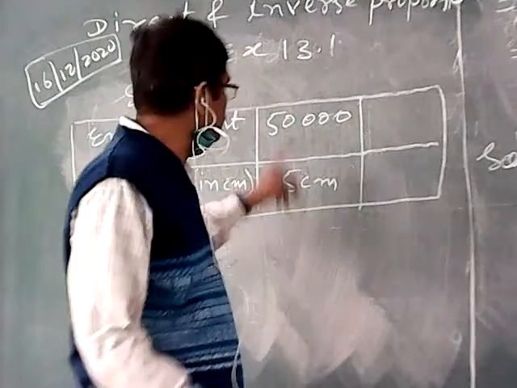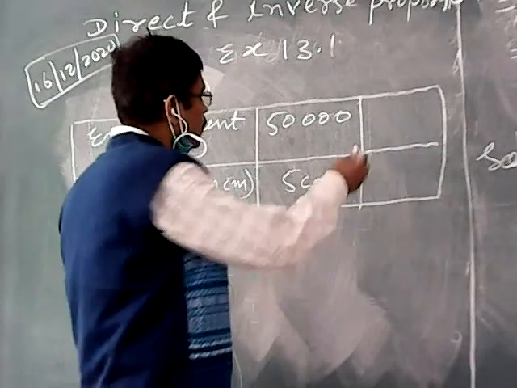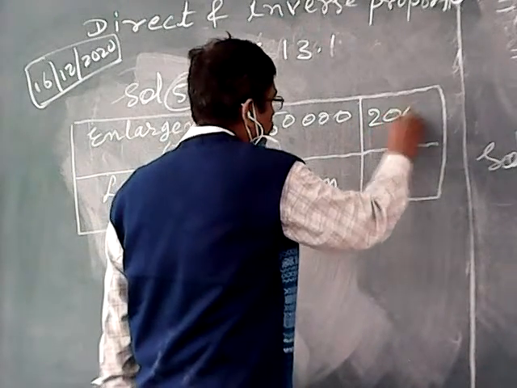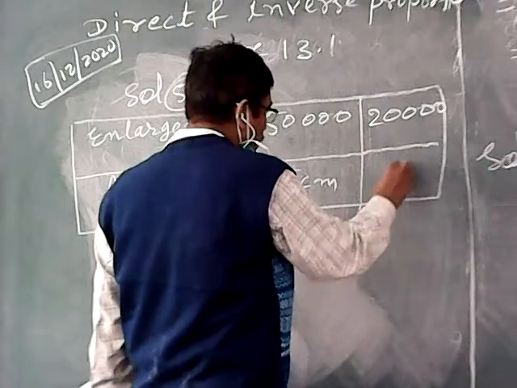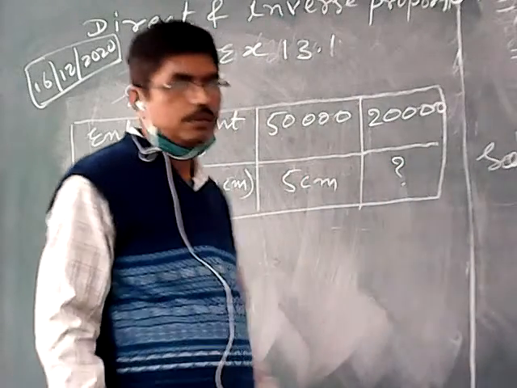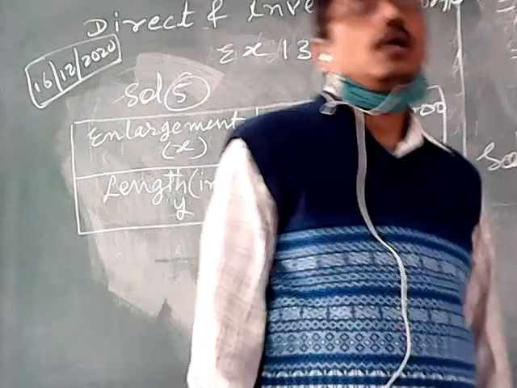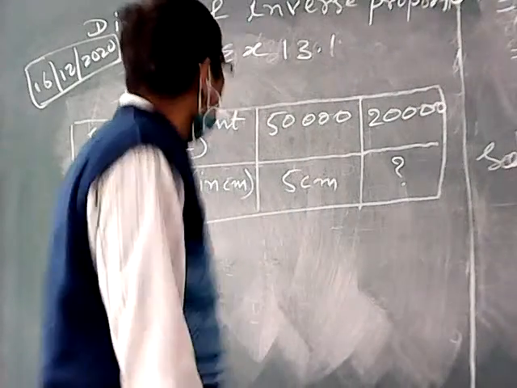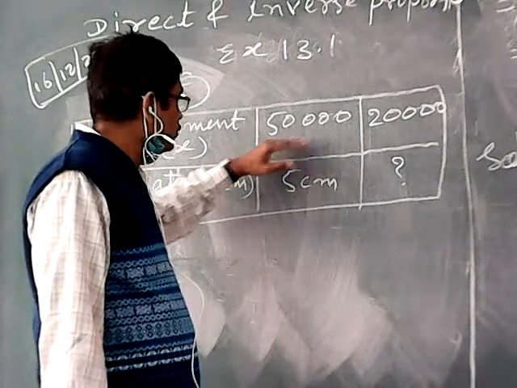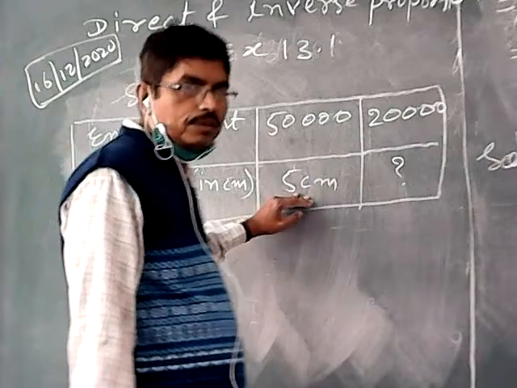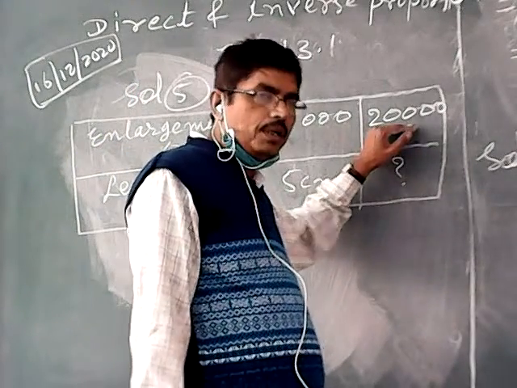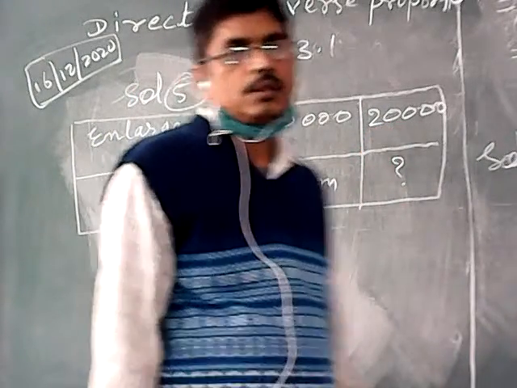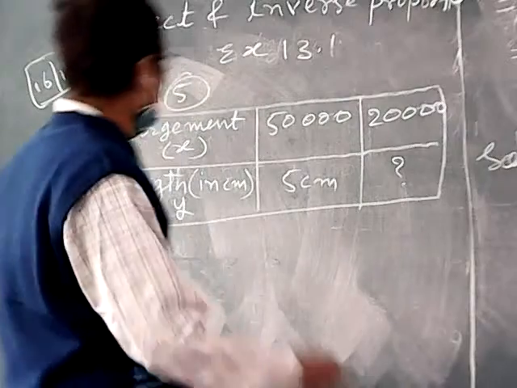How many times? 50,000 times. So if we do 20,000 times, then what will be its length? We have to find how large it will appear. So more times, more length; fewer times zooming, less length. So it is direct proportion.